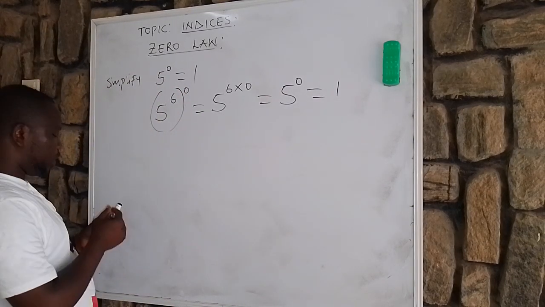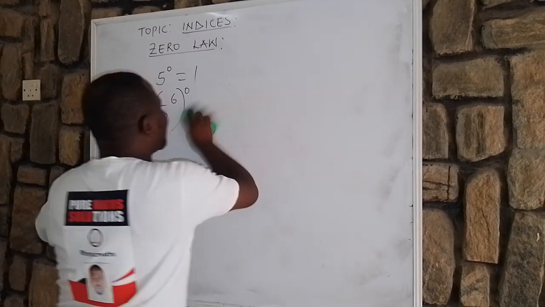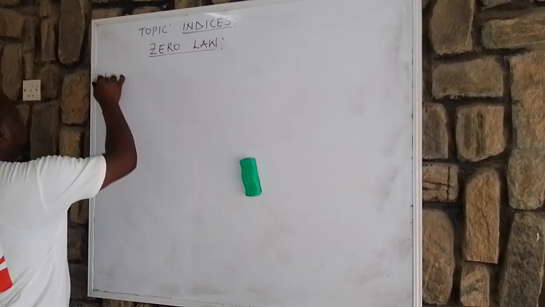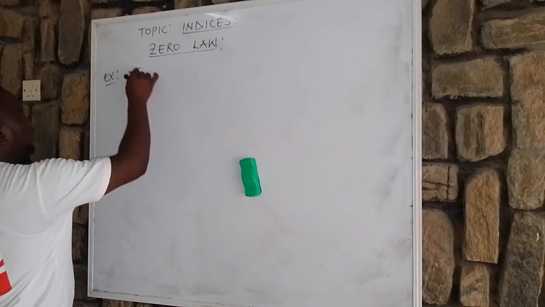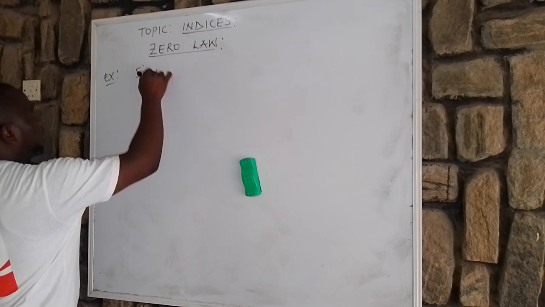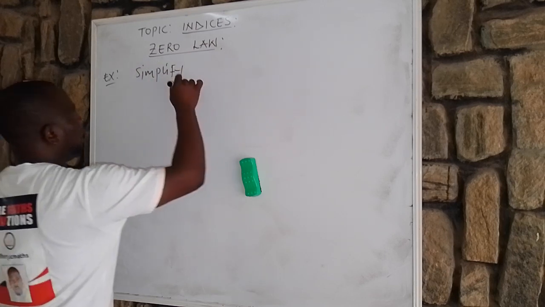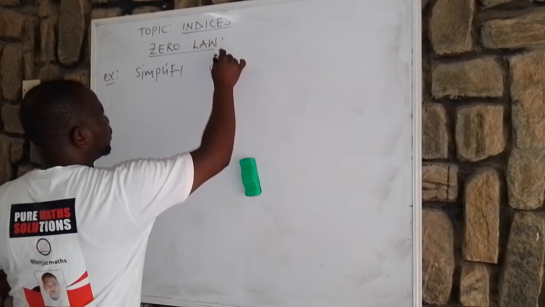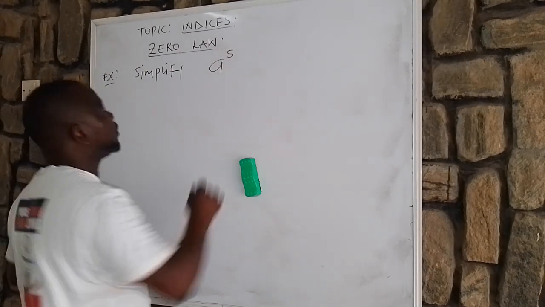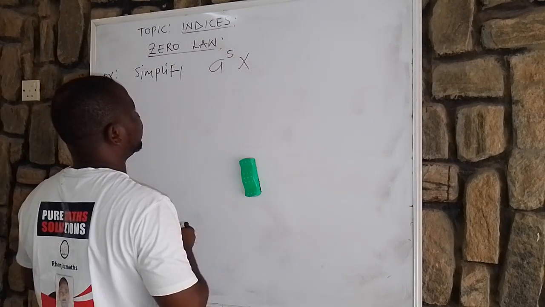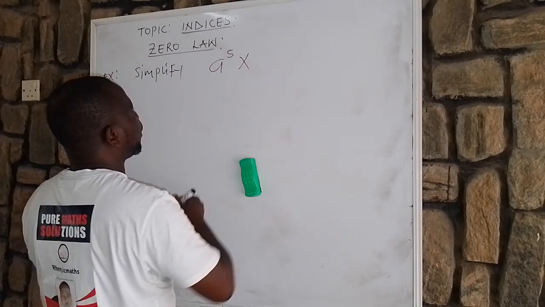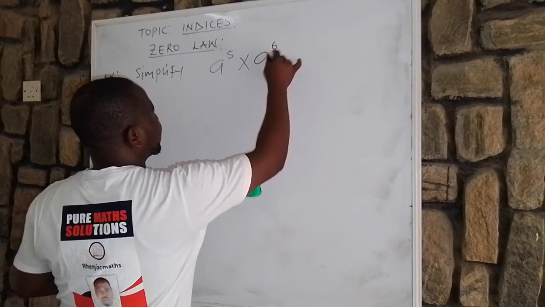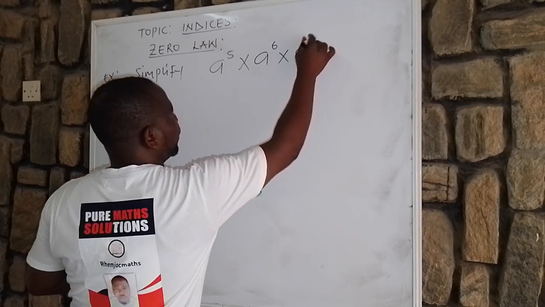Is that clear? Because sometimes you may be asked to simplify, for example, a raised to the powers of 5 times a raised to power 6 times a raised to power 0.